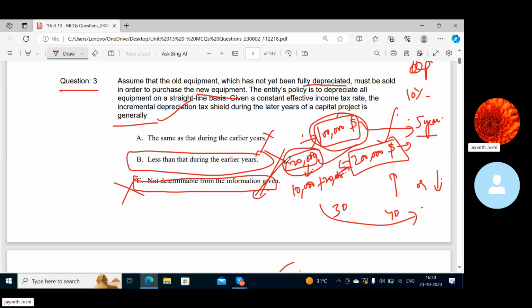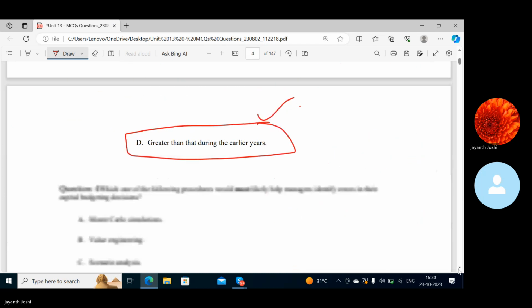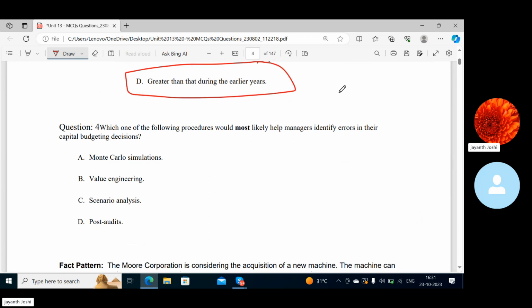Same? How come same? Because the depreciation expense on this will be different than this, right? Did you understand? Next question. You understood, right? Shall we move forward?